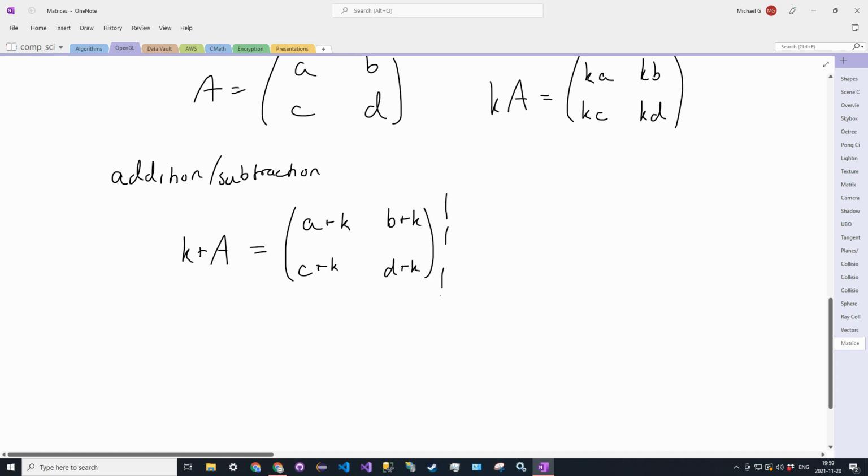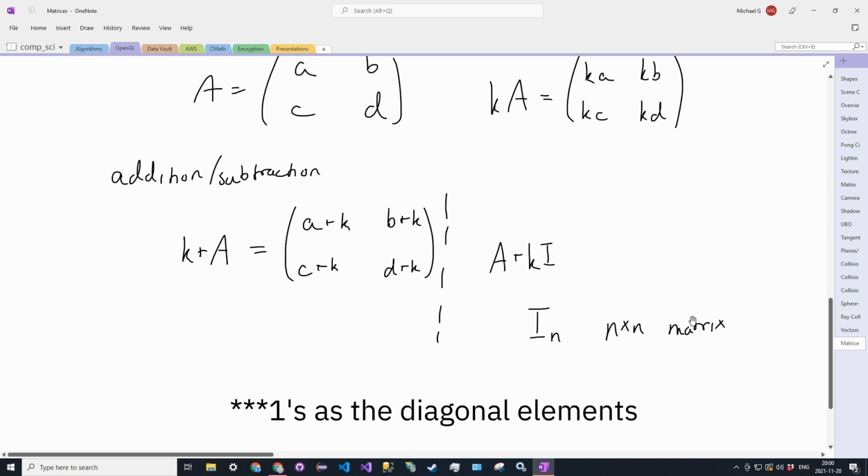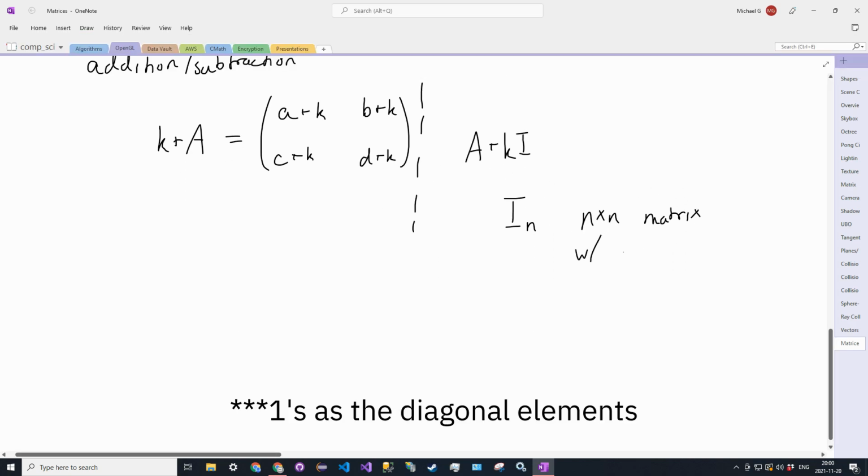Or you could think of it as doing A plus K times I, where I is an identity matrix, and the identity matrix is a square matrix. Square matrix meaning the number of rows and number of columns are the same. So I sub n is just the n by n matrix with the ones on the diagonal.